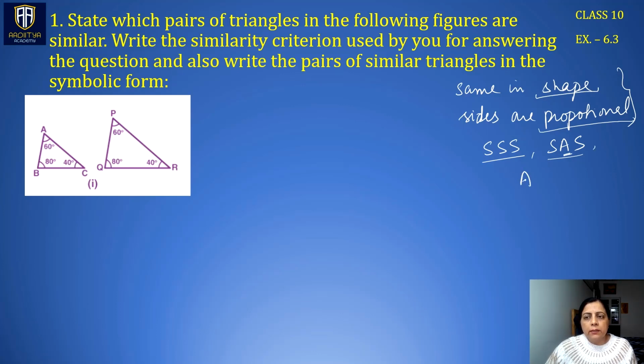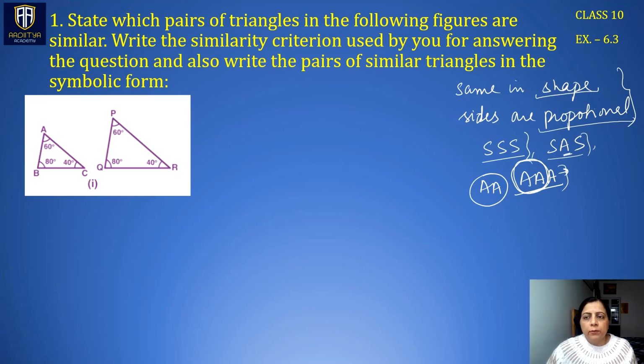And the last one is AAA similarity. This is the easiest type of similarity. Even if we are given only two angles equal, the third one automatically becomes equal according to the angle sum property of a triangle. So if in two triangles, two angles are equal, we can say that the triangles are similar. So we have these three types of similarities.